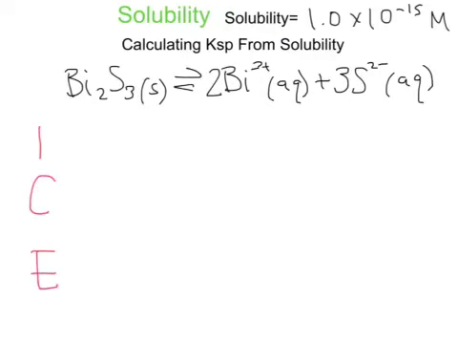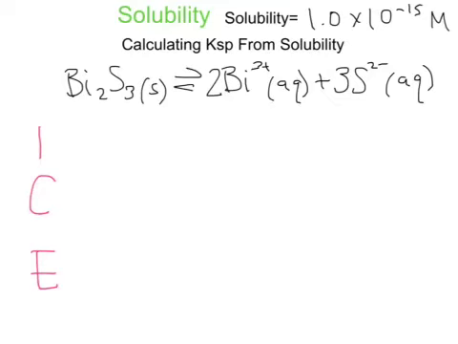To calculate the KSP from solubility, make an ice chart in concentrations instead of moles to find the equilibrium concentrations of the aqueous products. The solubility of Bi2S3 is 1.0 times 10 to the negative 15 moles per liter. So that is the concentration that dissolves.